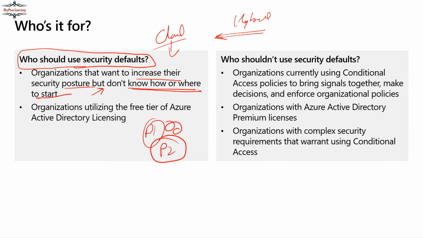So it's better you implement it yourself. Who should not use the security defaults? If your organization has Azure premium licensing, you have more options, more security features, and more flexibility available. So it's better to set up the organization in that way instead of using the default one. Still, if you are not aware, you can utilize the same functionality or features.